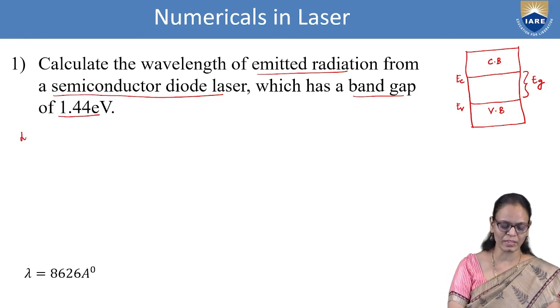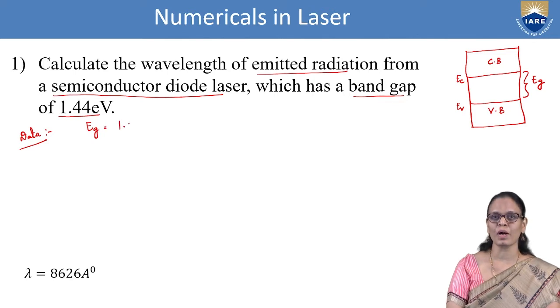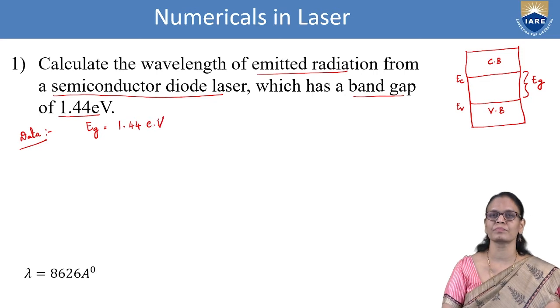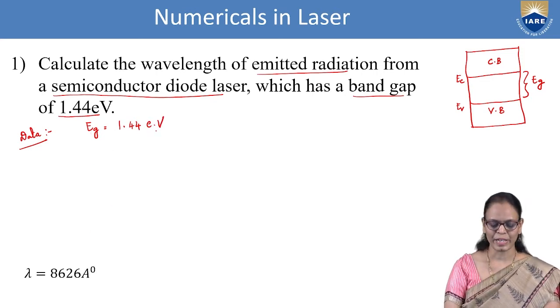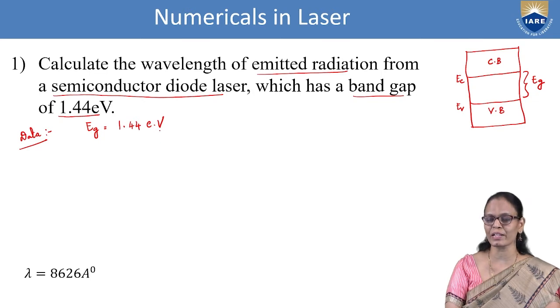So let us write the data. Band gap is given, Eg is equal to 1.44 electron volt. Since the energy has to be expressed in joules, and it is given in electron volt, we need to do the conversion. 1 electron volt is equal to 1.6 into 10 power minus 19 joules.